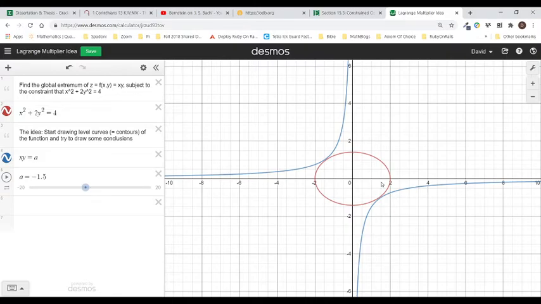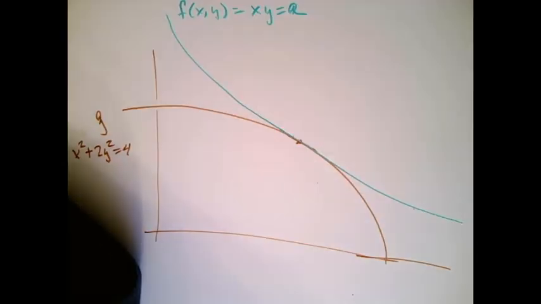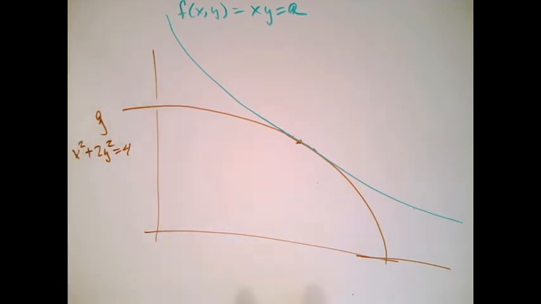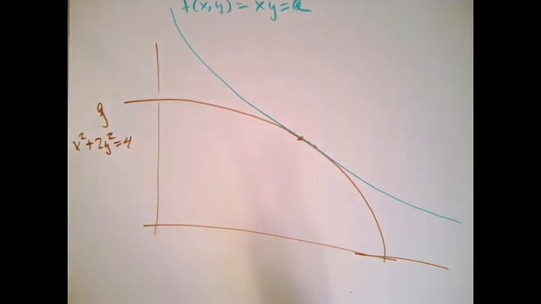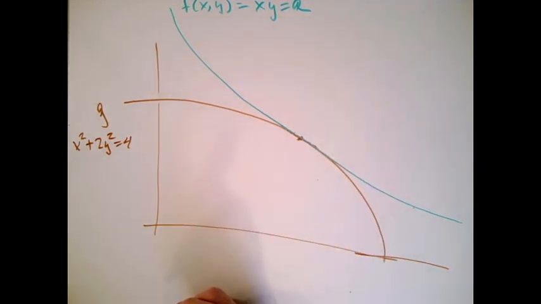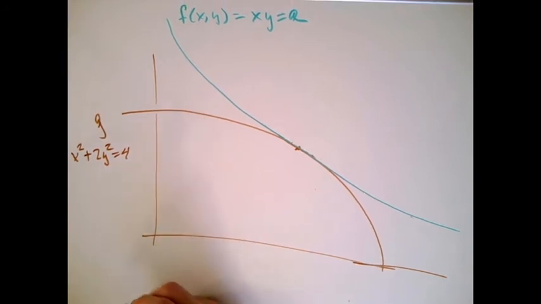Now what I'd like to do is go to our whiteboard and draw a few conclusions about this sort of thing. So here we go. I've just got this sketched out. Now, what's going to happen when they're tangent? Well, they're going to have the same slope there, but slope isn't really something we worry too much about in Calc 3.